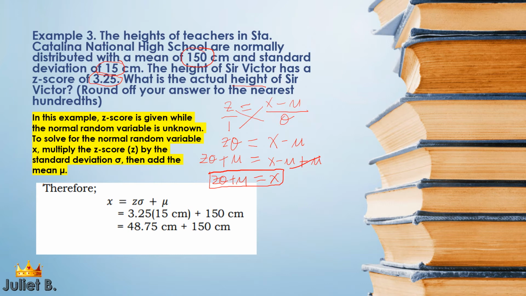Z is equal to 3.25 times the standard deviation, 15, plus the mean, that is 150 centimeters. 3.25 times 15 is equal to 48.75 centimeters plus 150 centimeters. Adding these two will give us x is equal to 198.75 centimeters. And this is the height of Sir Victor.